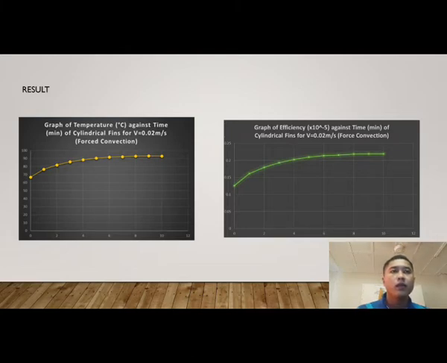Next, at the right, it shows the graph of efficiency against time of the cylindrical fin for V equal to 0.2 meter per second. For the graph of efficiency for forced convection, it also shows that with the increase in time, the efficiency also will increase.